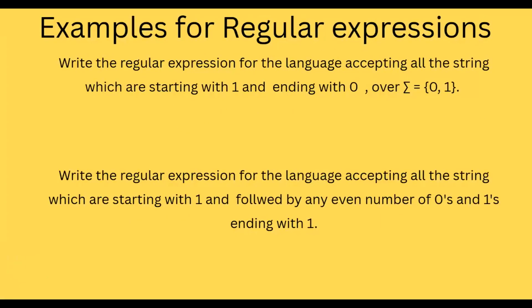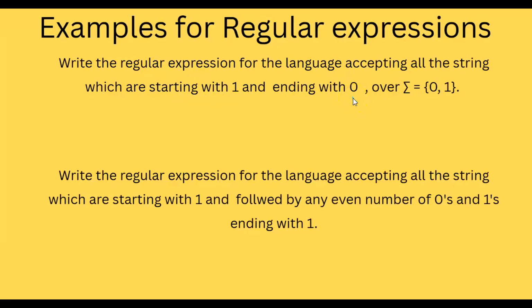Let us see examples for regular expressions. The first question is, write the regular expression for the language accepting all the strings which are starting with 1 and ending with 0 over zeros and ones. This means that the string always starts with 1 and ends with 0.